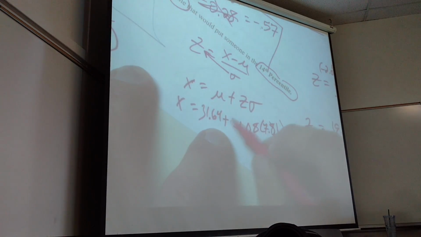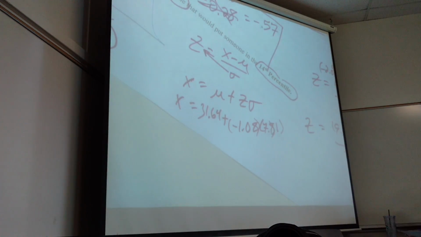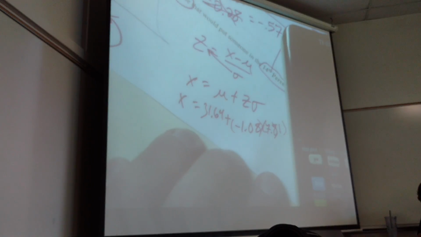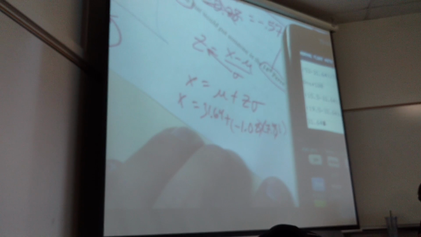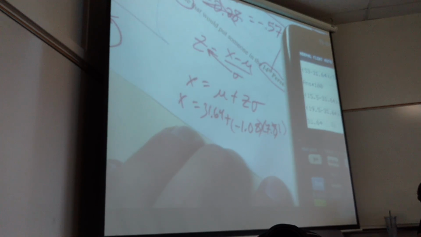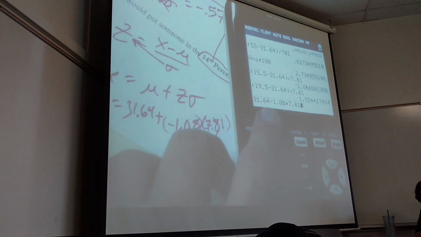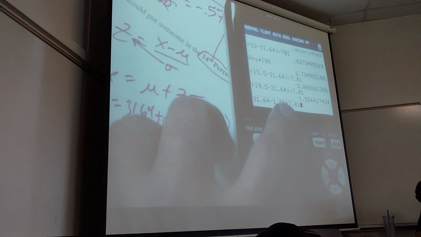So it's actually minus, right? Plus a negative is minus. Are you guys with me? Cool. So if we start at 31.64 and go down 1.08 standard deviations.